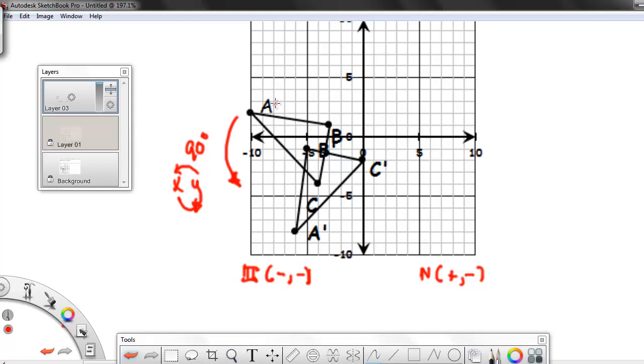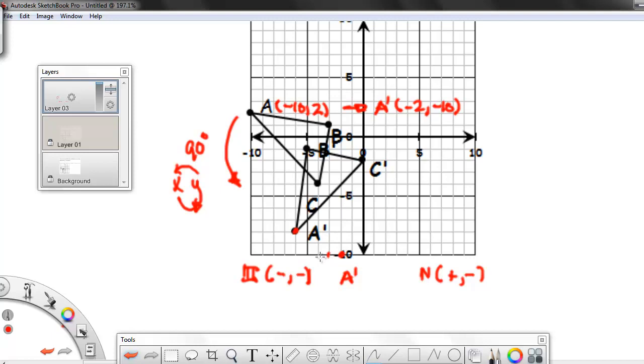A prime right here is the point -10 and 2. If I take it a 90-degree rotation, A prime will become a -2 and a -10. Well, a -2 and a -10 is right here. Now I have to see how I get to A prime. Has to be at this point right here.